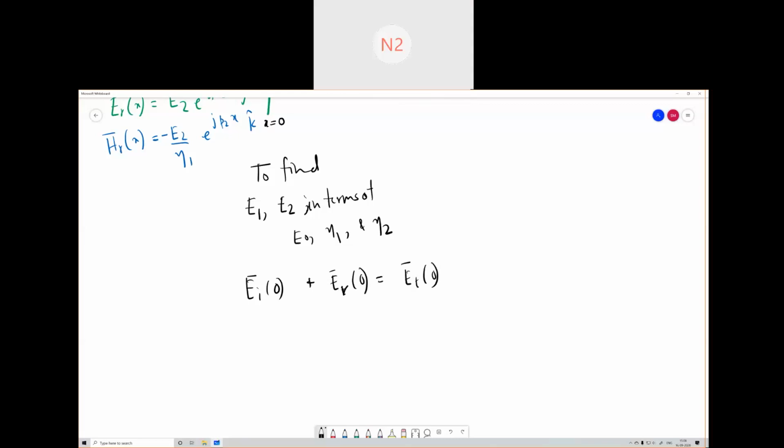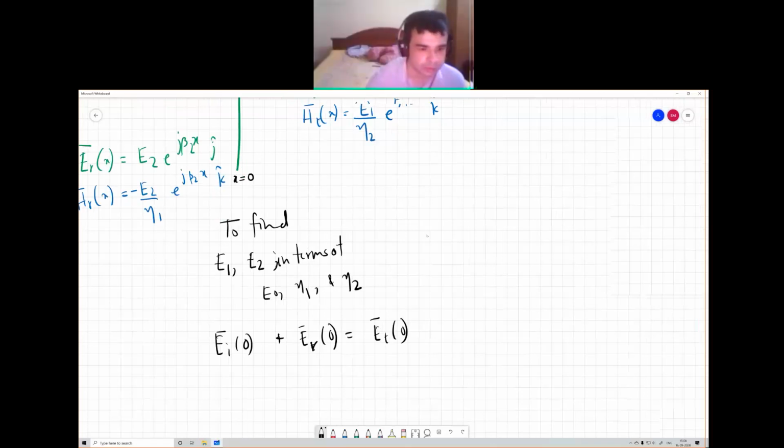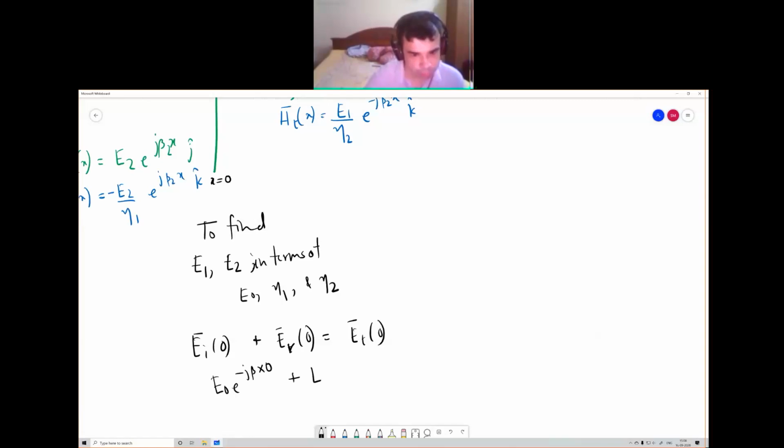Okay, so we put the values: E0 e to the power of minus j beta 0 plus E2 e to the power of j beta 0 is equal to E1 e to the power of minus j beta 0, or E0 plus E2 equal to E1.